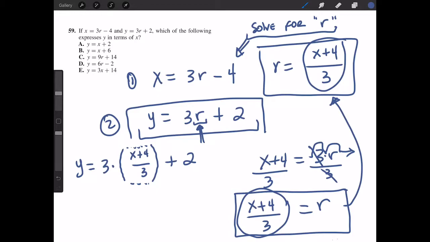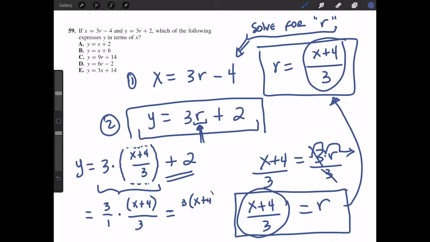But that something is being divided by 3. Remember, 3 times and then dividing by 3, you're going to be able to cancel those 3's. Another way of seeing that is to express it as 3 divided by 1 times the x plus 4 in the numerator in parentheses, and then divide it by 3. Never mind the plus 2 right now. I'm just focusing on this for the time being.